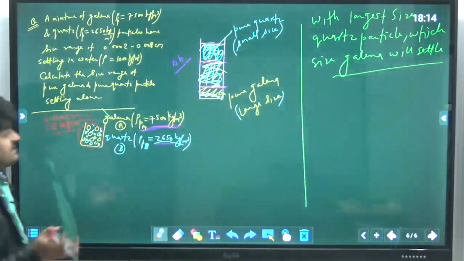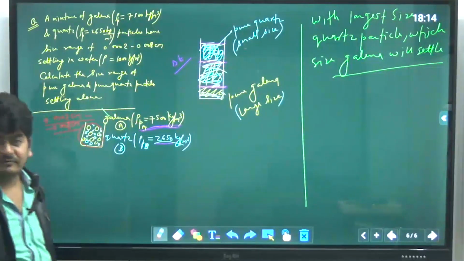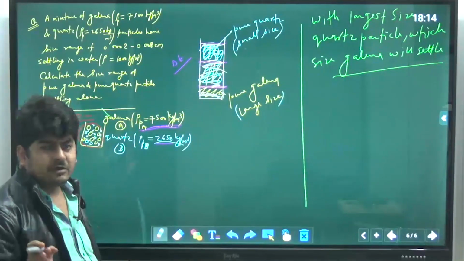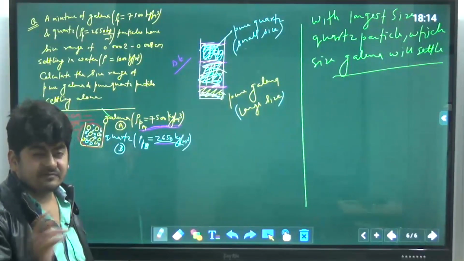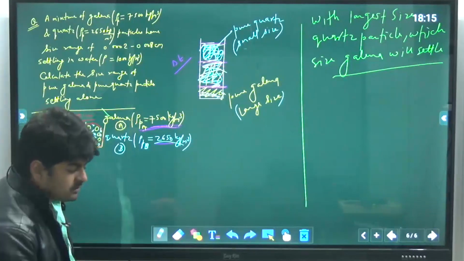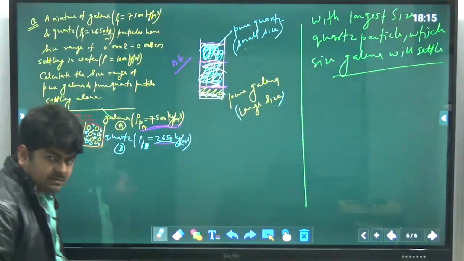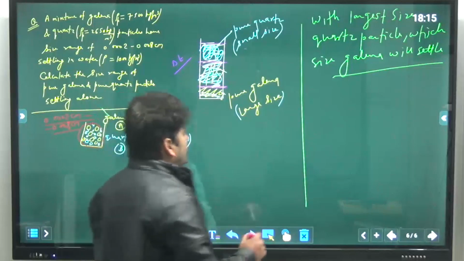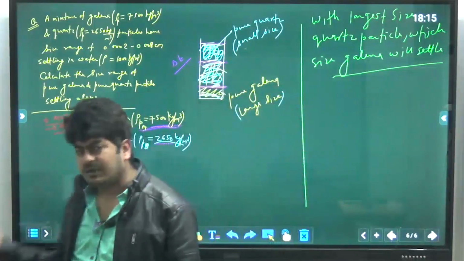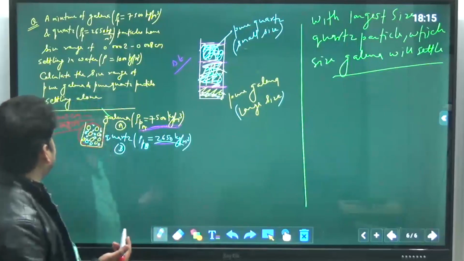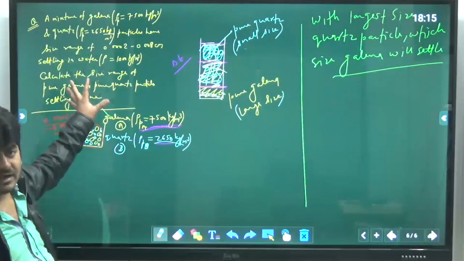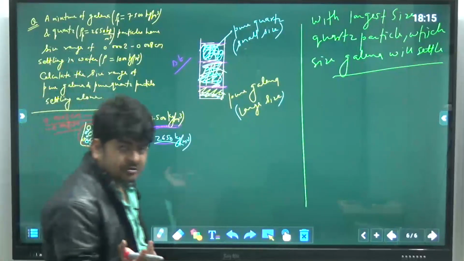Here in this question, regime is not given, that which regime you have to use. So in this case, by default we will go for laminar regime if this type of question they are asking in GATE exam. Okay. So by default we are going to use the Stokes flow regime. But if they want to calculate that for turbulent flow regime, you can do that as well. Okay, so it will be mentioned that all these particles are settling in turbulent flow regime or high Reynolds number, something like that, or Newton's law regime.